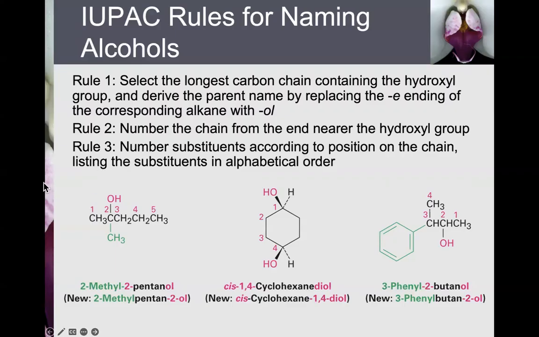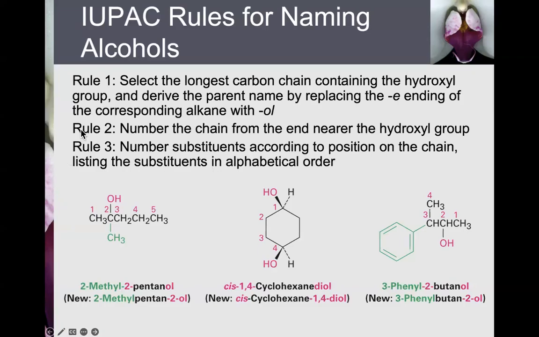For example, this one: 1, 2, 3, 4, 5, so pent. You have 2 since the methyl group is bonded to the second carbon, so 2-methyl, and 2 since the hydroxyl group is bonded to the second carbon. So 2-methyl-2-pentanol, or 2-methylpentan-2-ol.